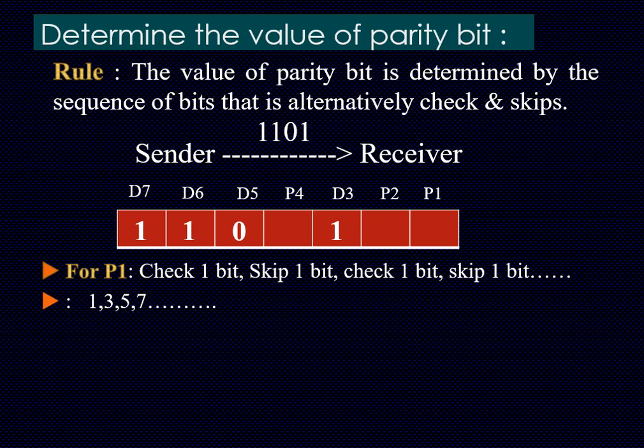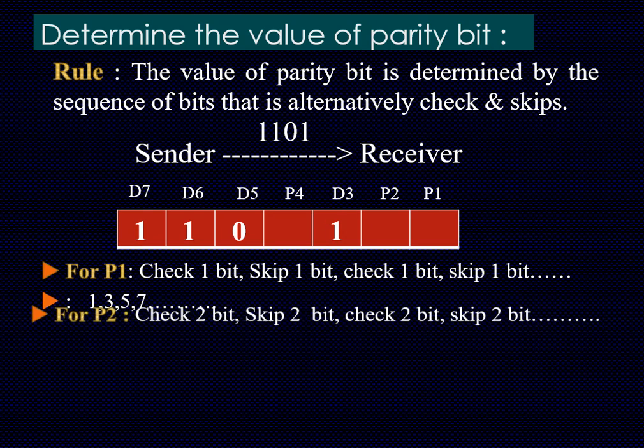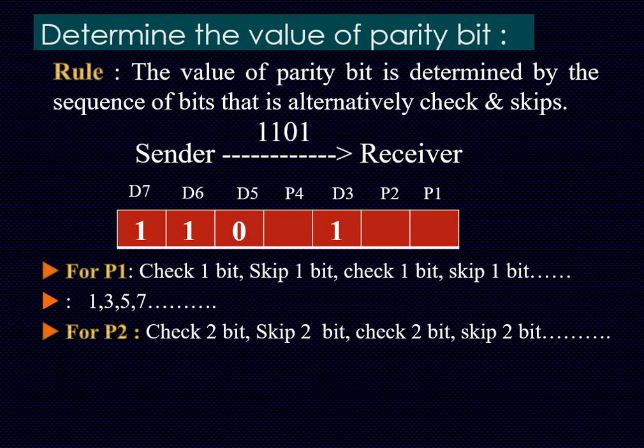Like that. Now we have to calculate P2. The rule for P2 is: check 2 bits, skip 2 bits, because this is P2, and again check 2 bits and skip 2 bits, and continue like that. Check 2 bits means start with 2: 2 and 3 are checked.